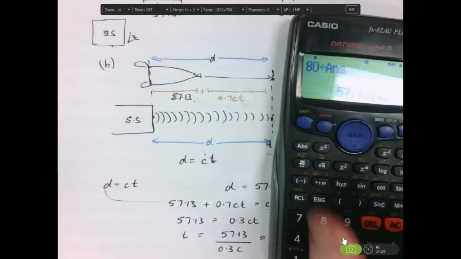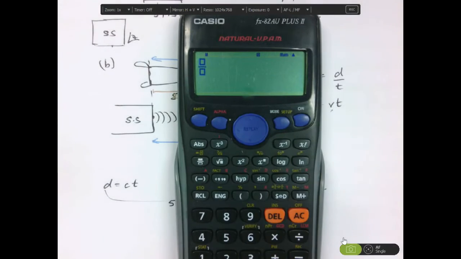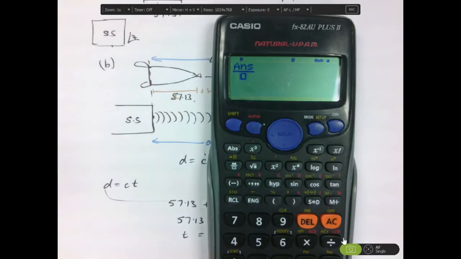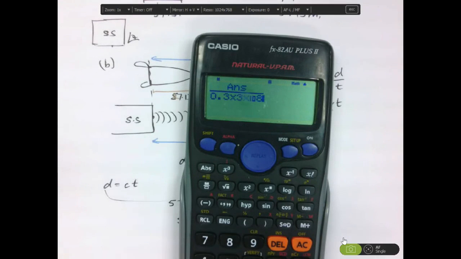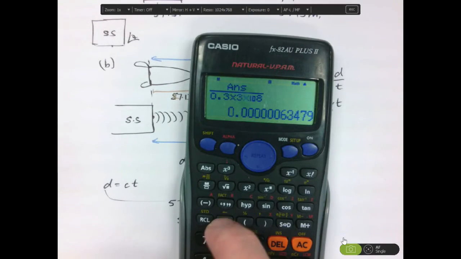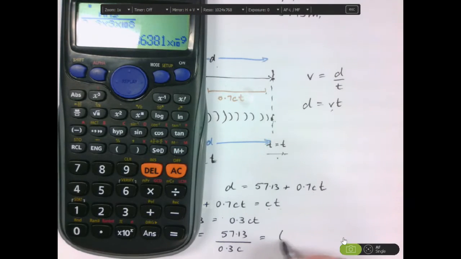Okay, let's see what that does. So it's that number there, which is still on my screen, divided by 0.3 times 3 exponent 8. So that's 634.8 nanoseconds. Let's have a look at what the answer says.